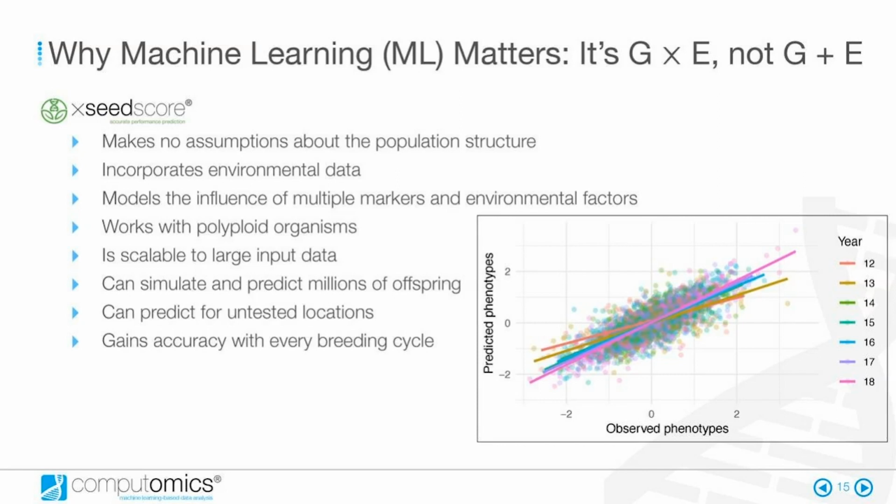As I mentioned before, we can model the influence of all factors that go into the prediction model and can tell you which environmental factors and markers influence a trait the most. And we're able to predict for untested locations or tell you which lines will fare well under which environmental conditions. By using allele dosage, we can also work with polyploid organisms.